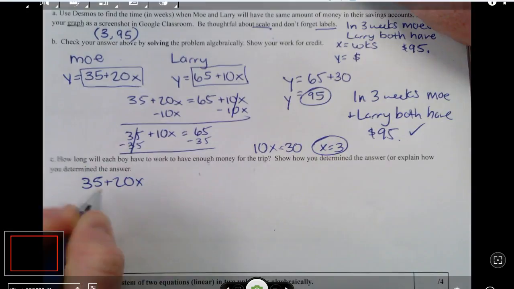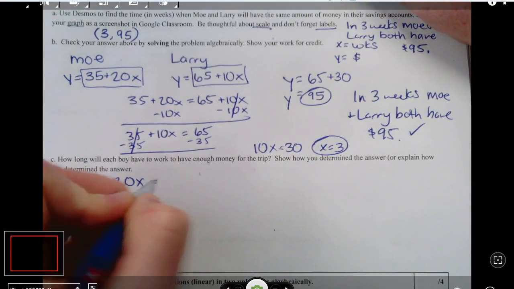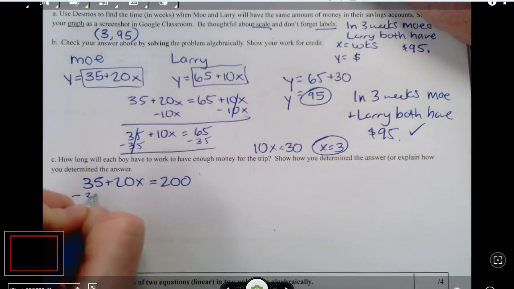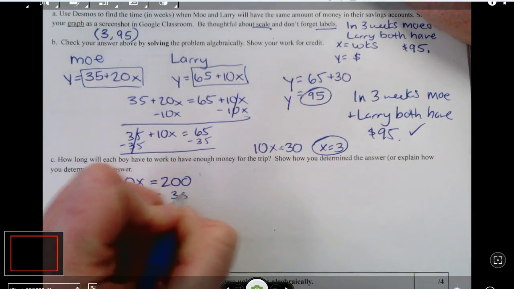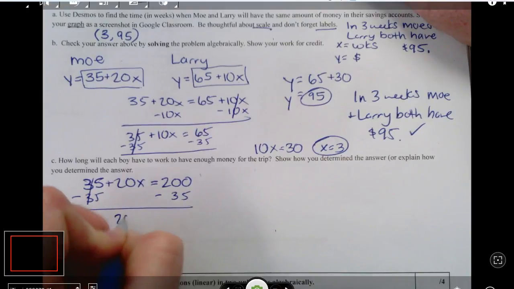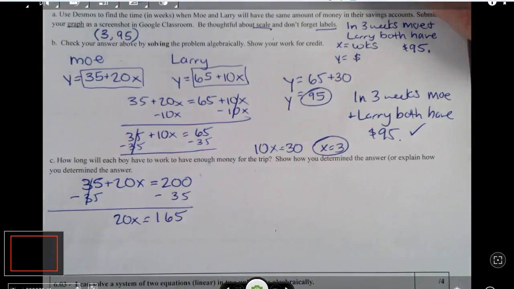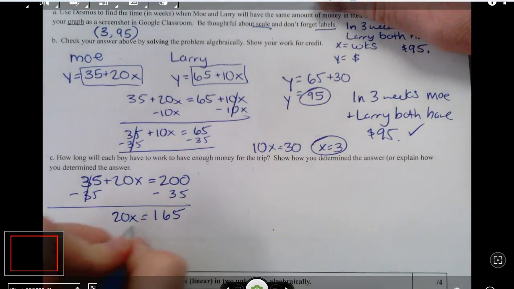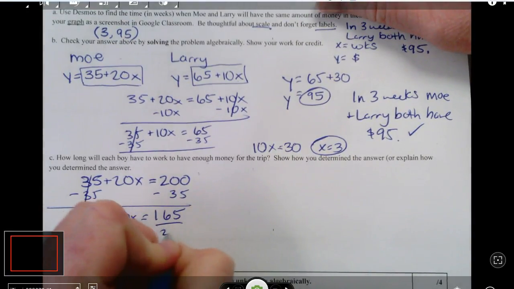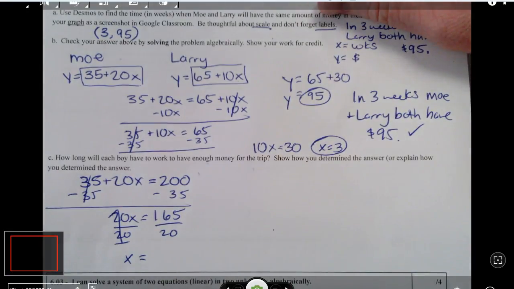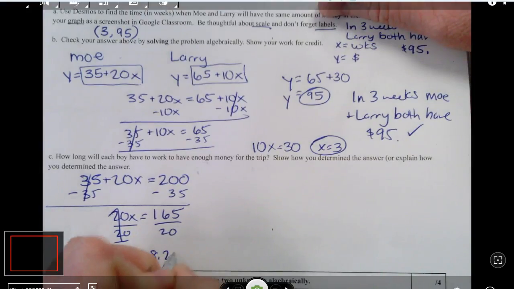This is Mo. I want to know when Mo has $200. So we subtract 35. I get 20x is equal to 165. We divide by 20. I get x equals 8.25.